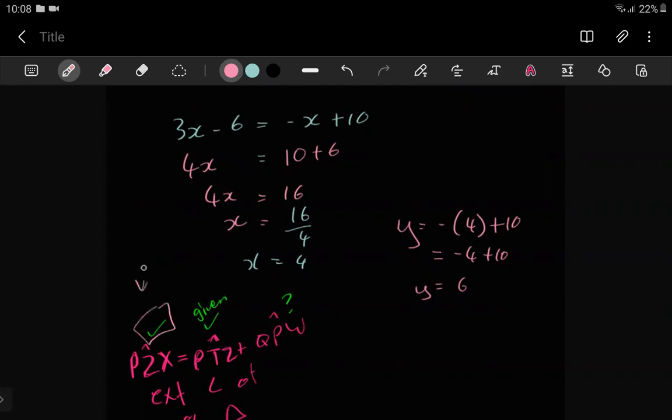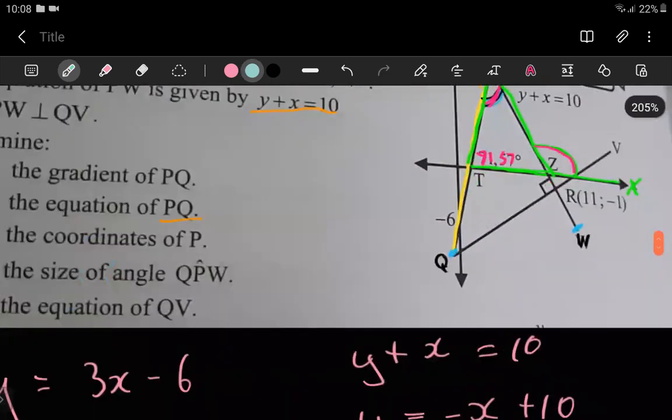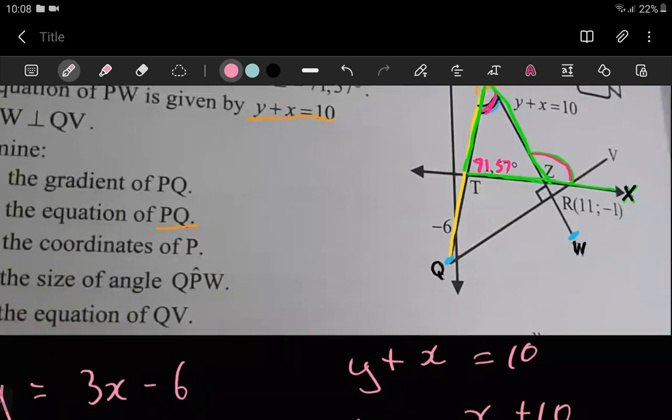This one is an angle of inclination. And how do we work out the angle of inclination? The tan formula.